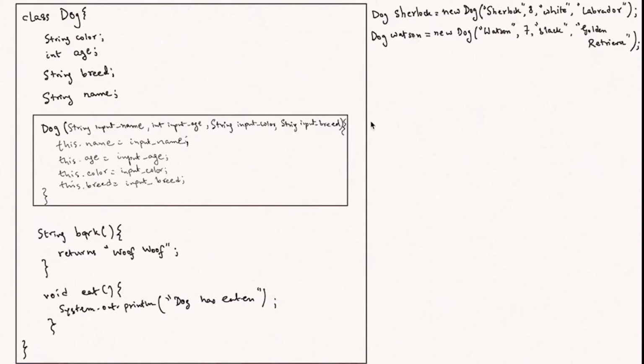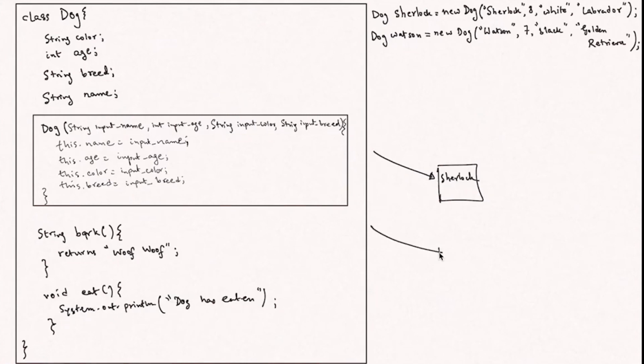So from the same class, at first, we created an object, and that object's name was Sherlock. And this has its own color, its own age, its own breed, its own name, and this can access these methods or these abilities.